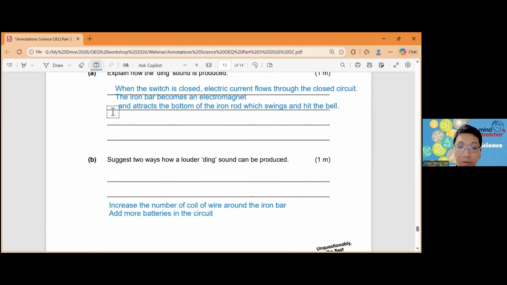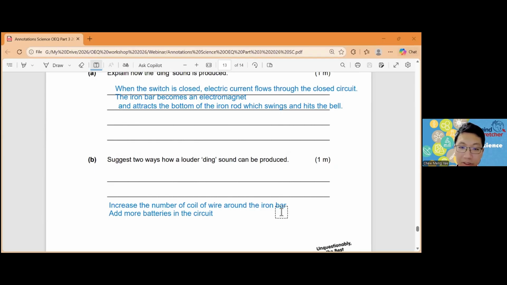So it will hit the bell with a larger force. Yes, hits the bell. Thanks for correcting the grammar here. Now I will move on.